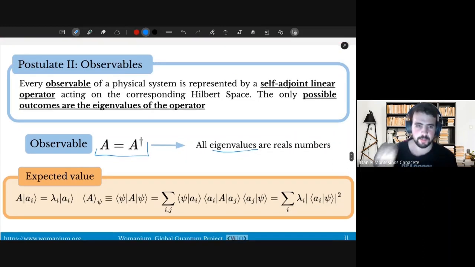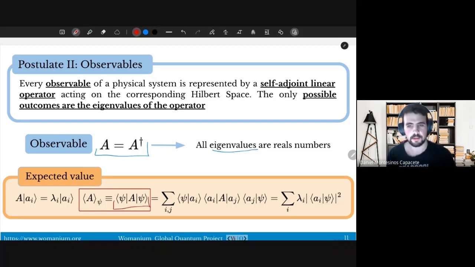So here we calculate the expected value, and the expected value is just defined in this way. For any operator A and any state phi, the expected value is defined in this way. It's just this bracket, right? So the expected value is just a time average, but you have certain probabilities, and at the end you multiply the probability with the possible outcome.